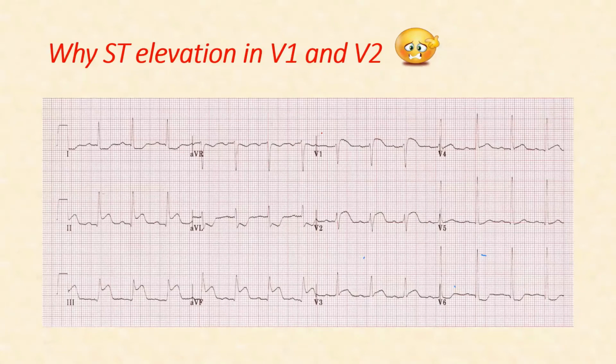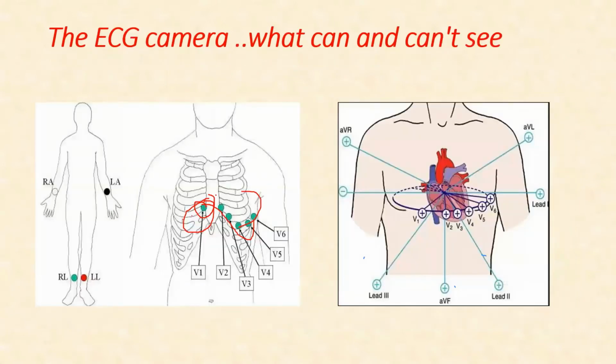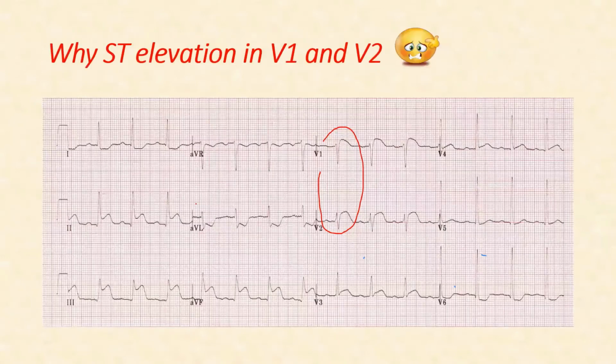Usually, by the way, RV infarction does not imprint on V1 and V2, but sometimes it does. So if you see V1 and V2 ST segment elevation, suspect RV infarction, because V1 and V2 are the closest to the RV. So if there is RV infarction, it's going to appear here. But sometimes you can have full blown RV infarction and V1 and V2 are just perfectly normal. But if you have ST segment elevation here, that confirms the RV infarction.